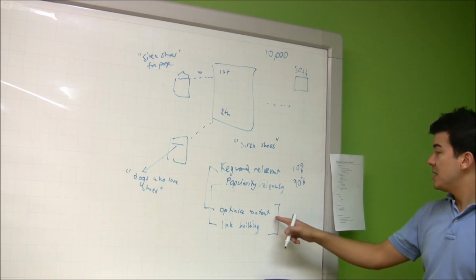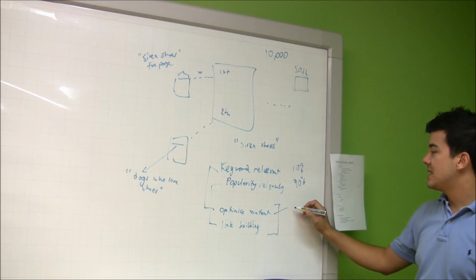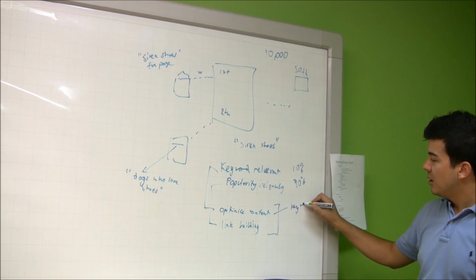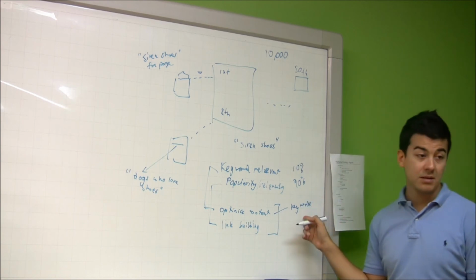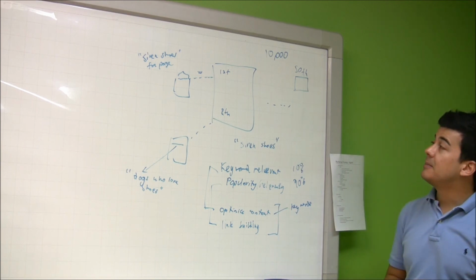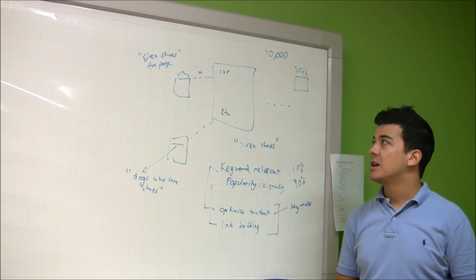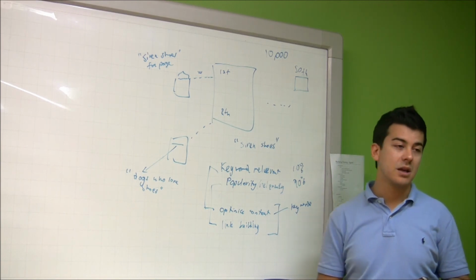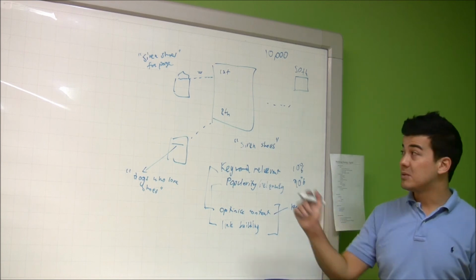So now, optimizing content, where do you get the keywords? You might do siren shoes, but say you did siren shoes with heels, and maybe that's not a keyword term people look for.